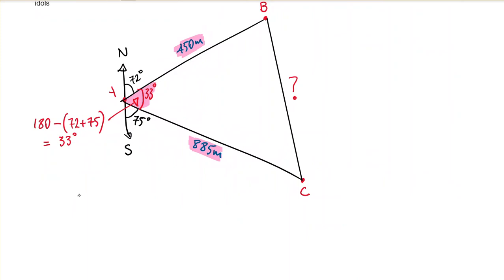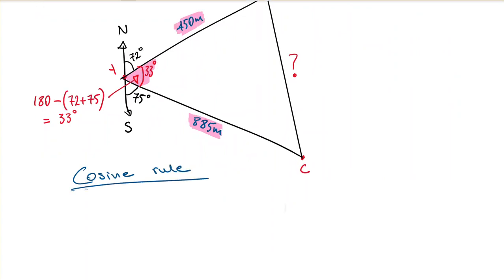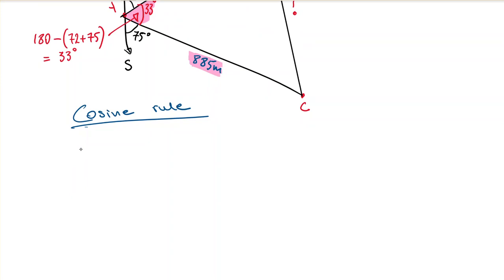So here, using the cosine rule, this one says that c squared is equal to a squared plus b squared minus 2ab cos C. So the capital letter is the angle, lowercase letters are the actual sides.